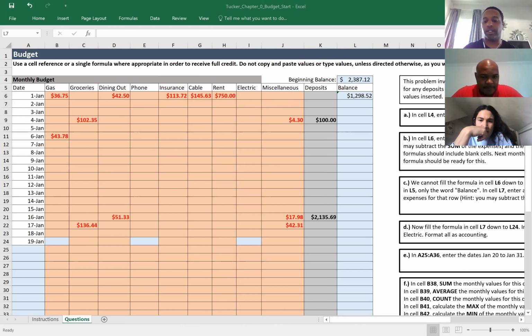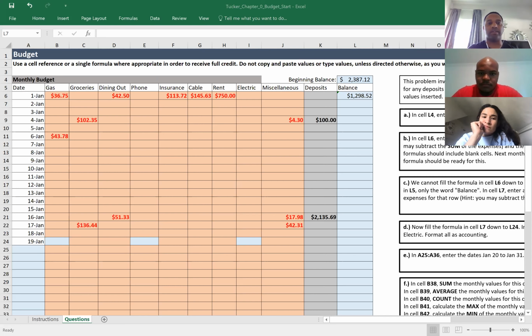And then when I used the minus sign, Excel told me to put the equal sign in front of the L4. For those of us who are not familiar with using these symbols and everything, it's going to be a little bit of trial and error. You may have to go to Google or Siri or whatever.